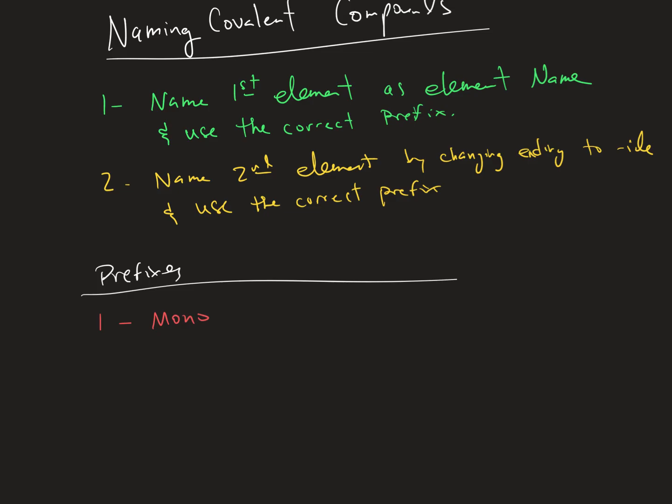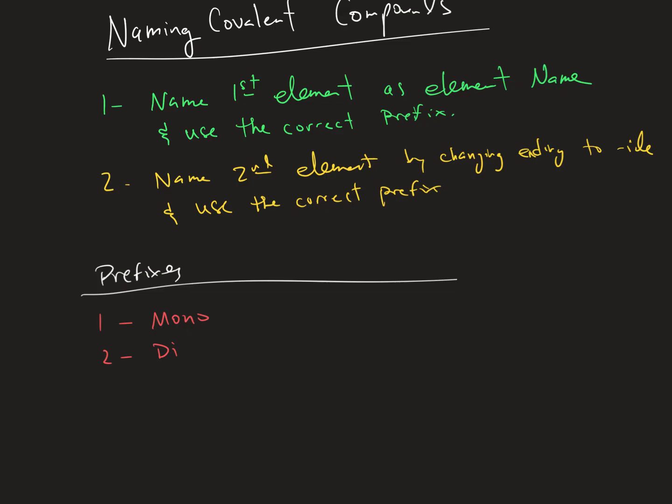Monotone, one tone, mono. Good? So, anyway. Number 2 means, or the prefix is di, kind of like dicicle, right?